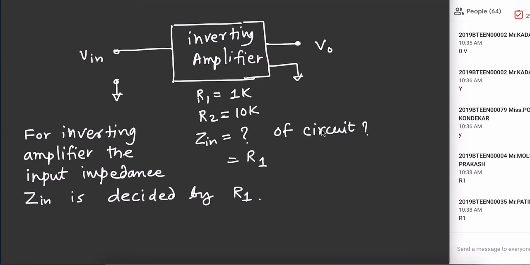Now imagine that there is a signal source. Suppose some sensor is connected, some temperature sensor or some sensor is connected. Okay. Now imagine that you are a sensor. How much resistance will you feel when the sensor is connected to inverting amplifier?